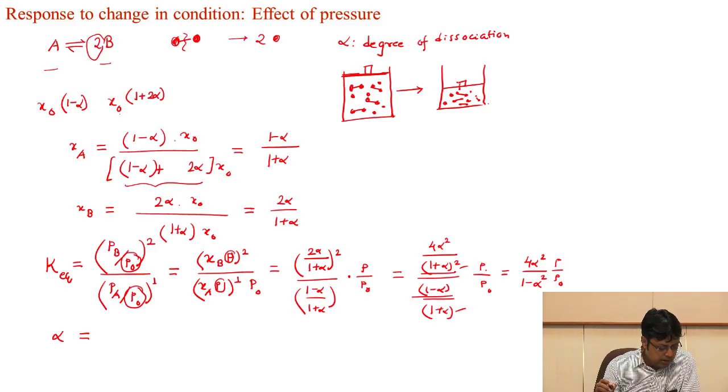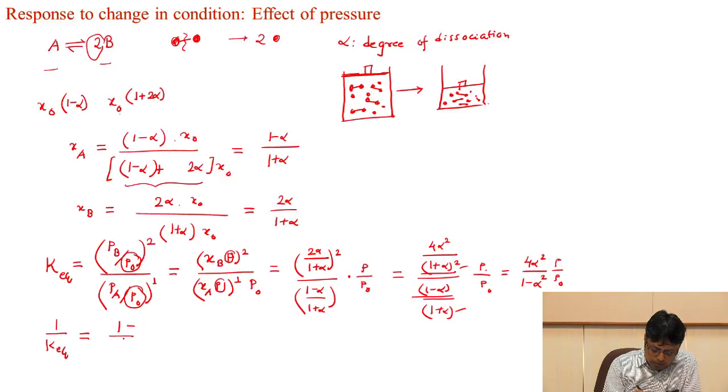So the way we can solve it, it is 4 alpha squared divided by 1 minus alpha squared. So what we can do, we can just write 1 by K equilibrium, and that will be 1 by 1 minus alpha squared divided by 4 alpha squared.